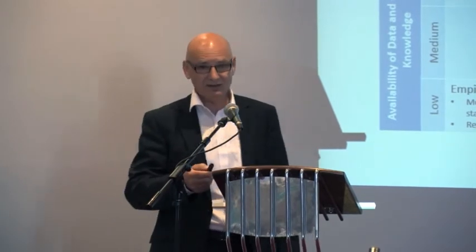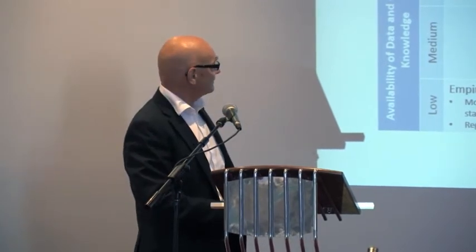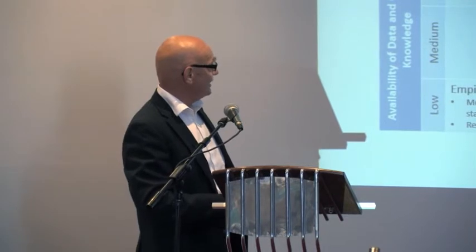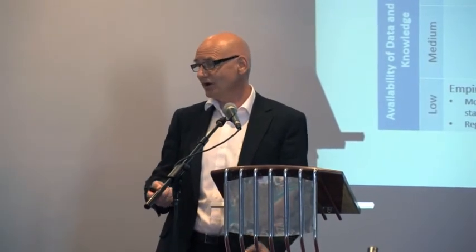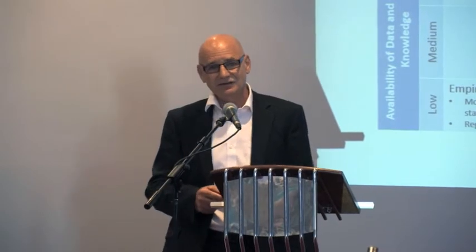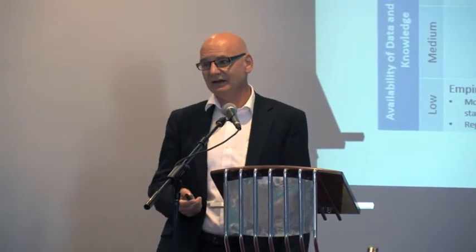Okay? Because as we move up here in terms of detail, the costs and the time involved in developing the model and applying them increases considerably. So in a sense, don't try cracking a nut with a sledgehammer.